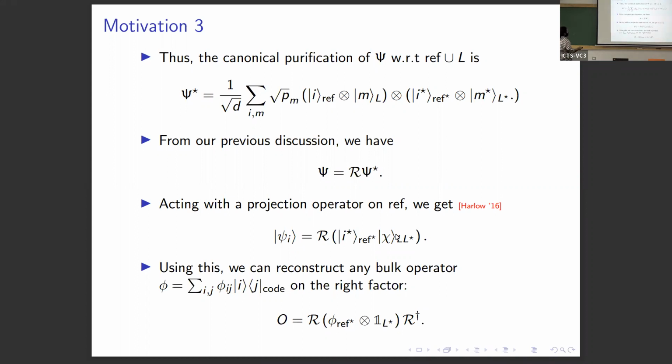Because this curly R only acts on reference star L star and not on this side, the projection operator just trivially goes through this R and hits psi star, where it just projects you into the ith basis state on ref. So you learn that psi I is nothing but this reflection operator acting on I star reference star times some state chi on L L star. The chi is basically the square root of P_M summed with M on L and M star on L star.